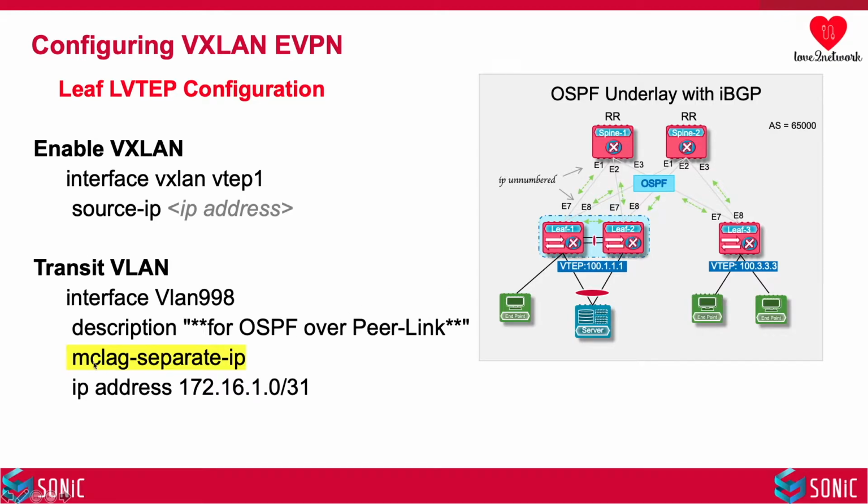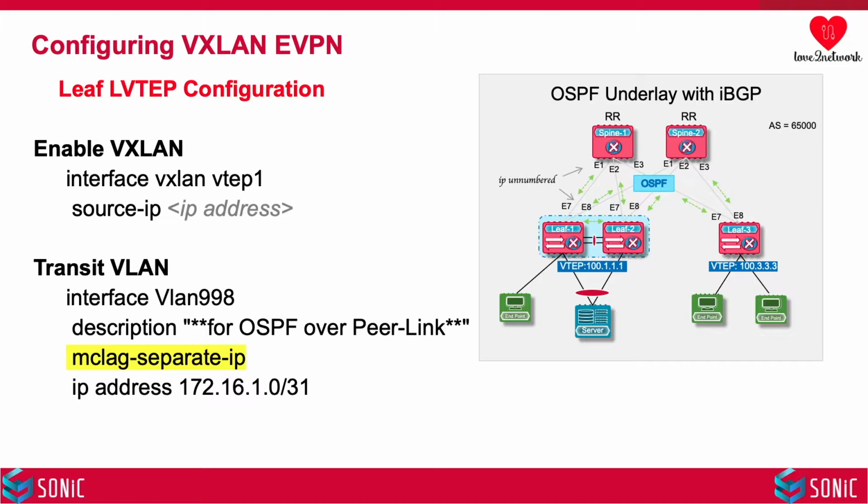Answer is by configuring this command, MC lag separate IP. A very important command for a transit VLAN use case. There is more configuration that we need on leaf, and I will show you that in the next section when we will jump on the lab.